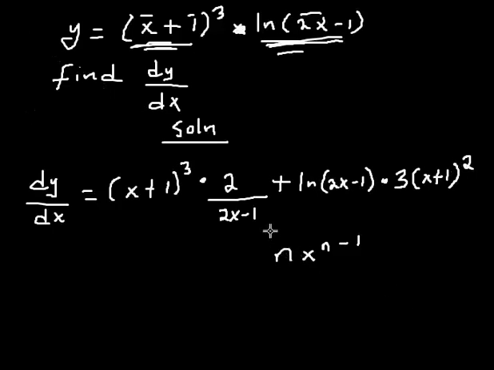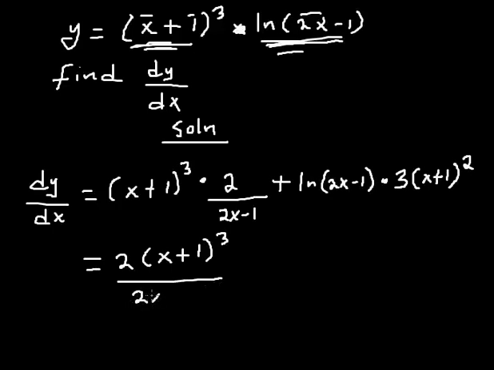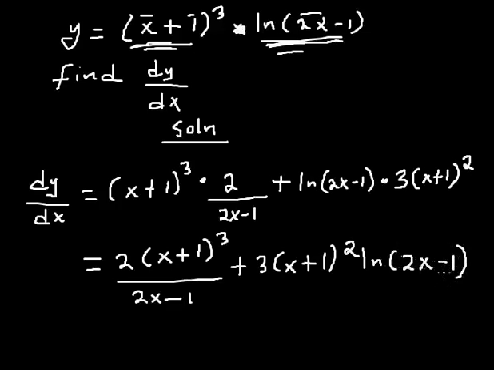So that is my answer. I can write it this way: 2(x + 1)^3 divided by (2x - 1), plus 3(x + 1)^2 ln(2x - 1).